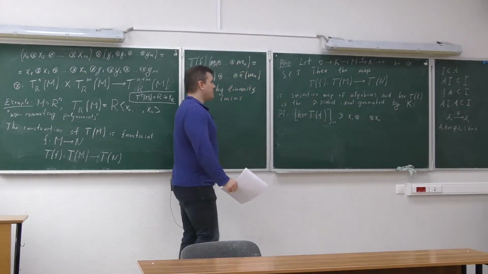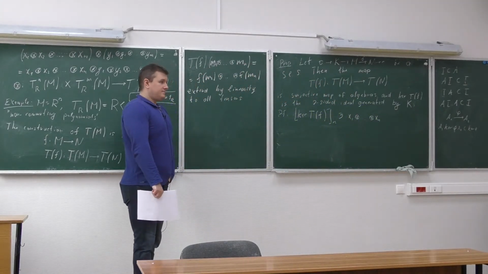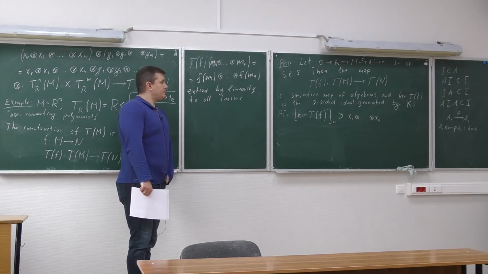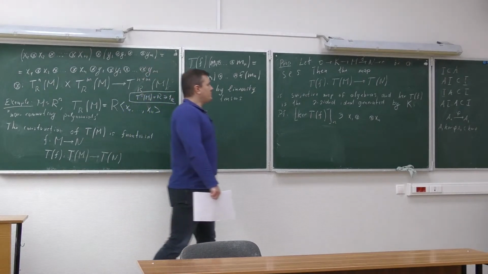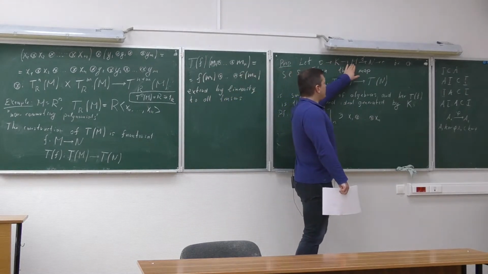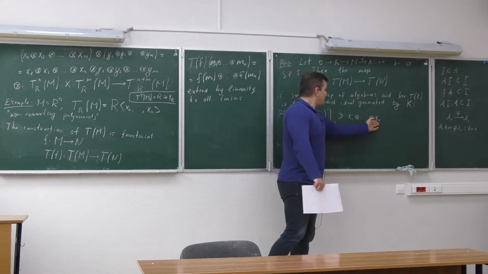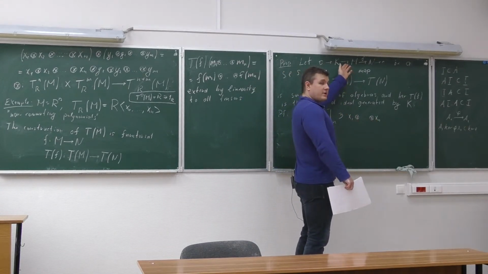How can I characterize that this thing is in the kernel? The image is 0. Well, let's think about this K as a submodule inside M. So this is the embedding of the submodule inside the module. So here these elements are in the module M, right?